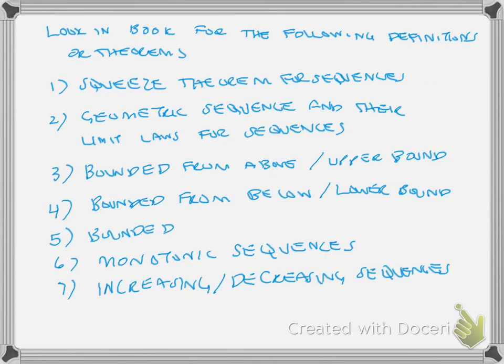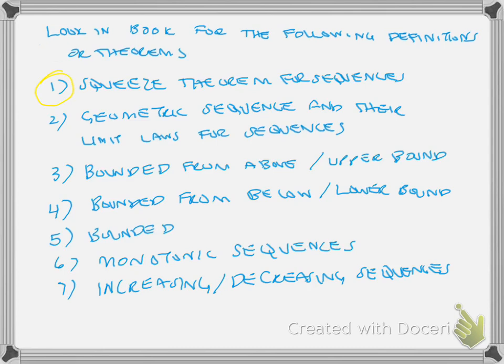To save time, I had different definitions, and that's a waste of time in the video when you can just write it out from the book. So I want you to look in the book before Monday. By class on Monday, these should be complete. I don't want you to not have these definitions and theorems. Write them out, even if you don't understand what they mean. We'll do some examples on Monday.